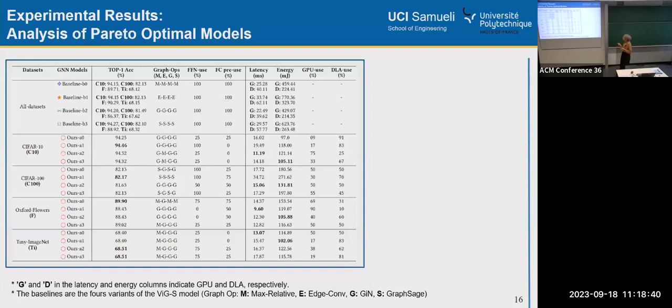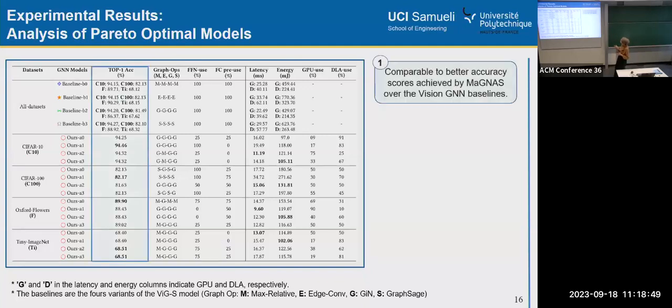Now let's look in detail at the optimal models that we got from our two-stage search framework. First of all, we compare the results regarding accuracy, latency, energy, and also parameters.